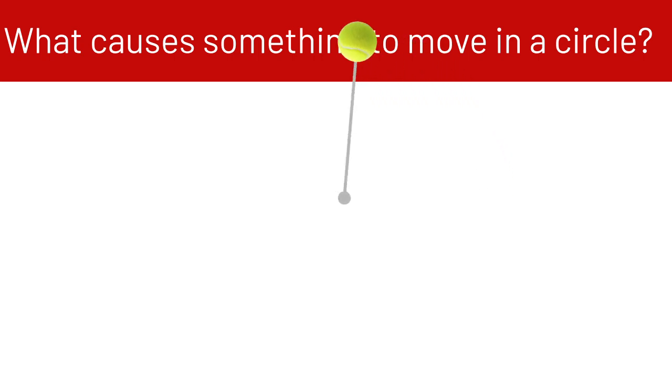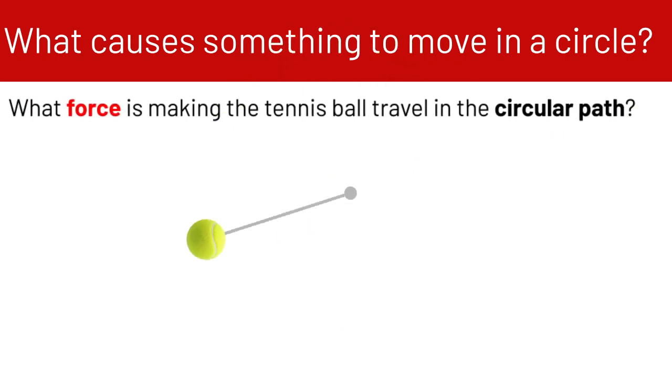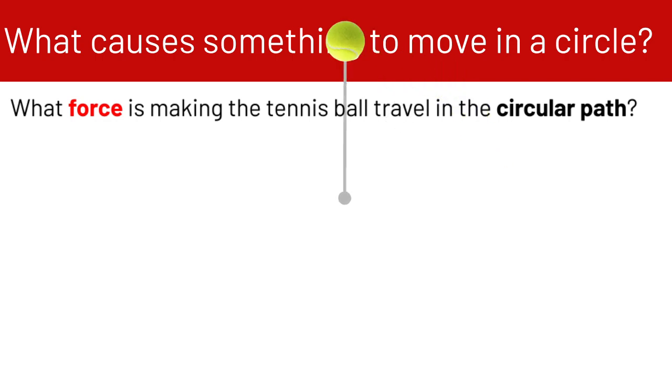All right, so let's talk about what causes something to move in a circle. So what force is making the tennis ball travel in this circular path? The force acting on the tennis ball as it's moving in the circular path is tension. The string is attached to the tennis ball and something is holding on to that string and causing it to spin around.